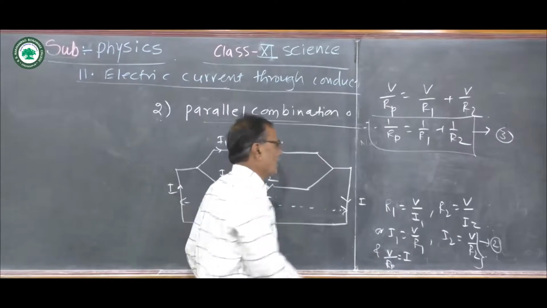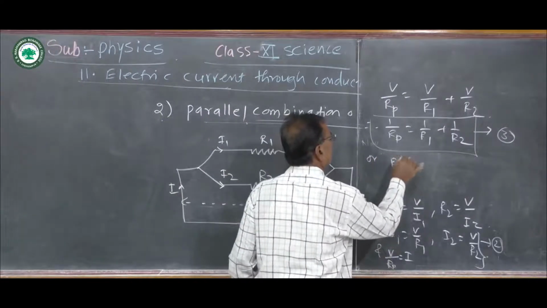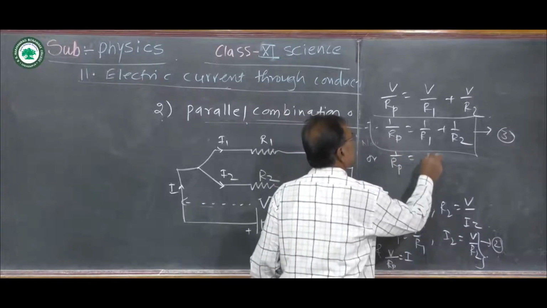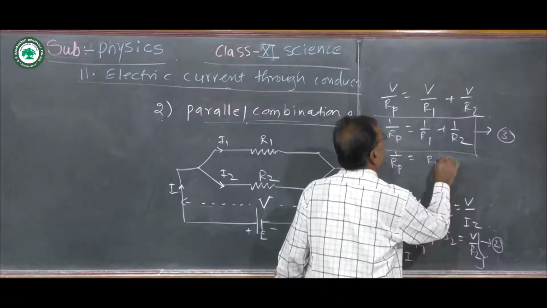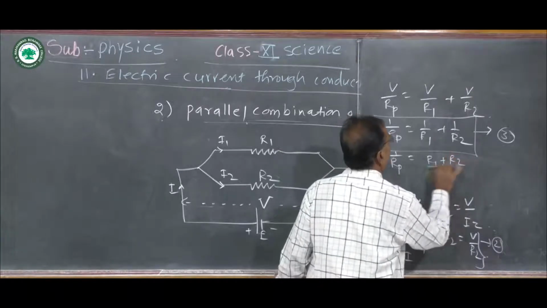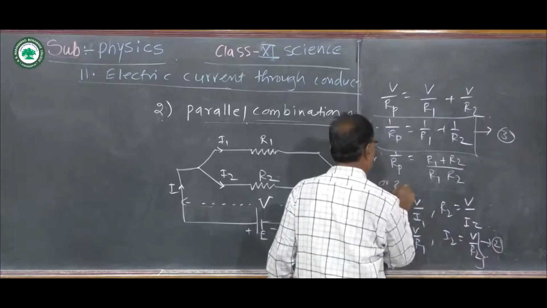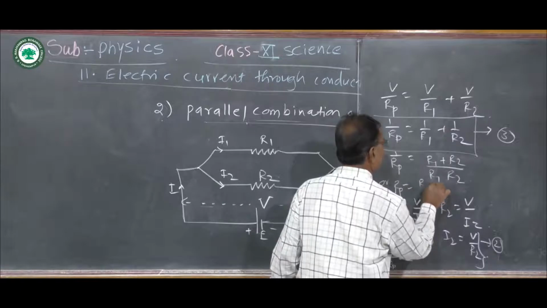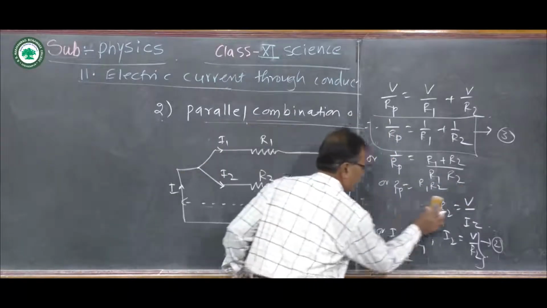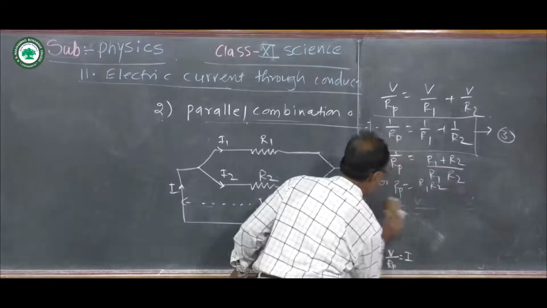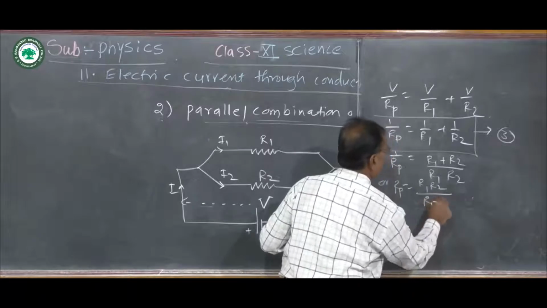Now we can take its reciprocal, that is R1 plus R2 upon R1 into R2, or Rp is equal to R1 R2 upon R1 plus R2.